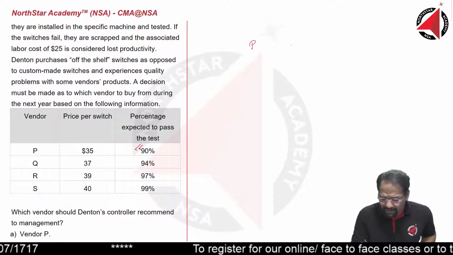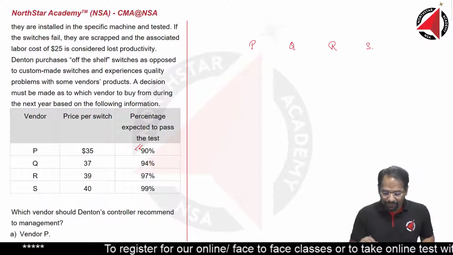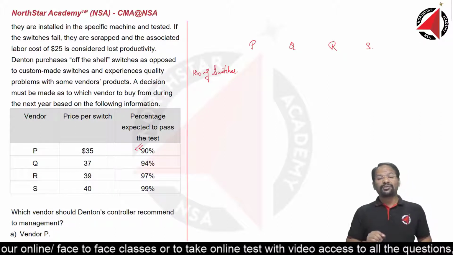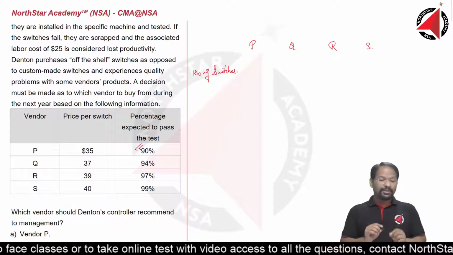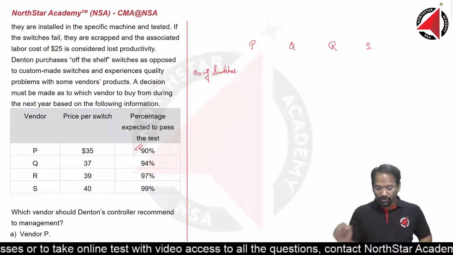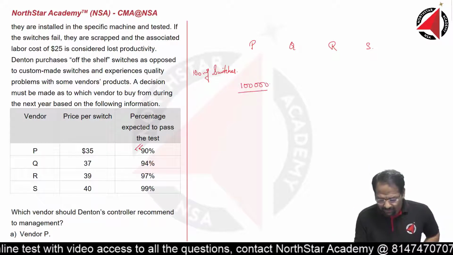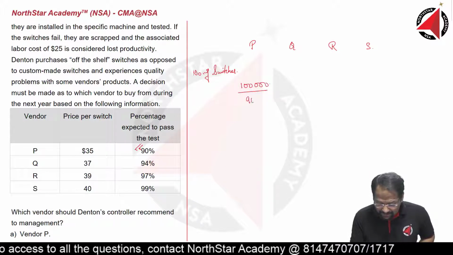So P, Q, R and S. First, the number of switches that we need to buy. The number of switches we need to buy is more than 100,000 because 10% in the first one will become a loss. How to calculate that? It will be 100,000, what we need, divided by 90%, since after subtracting the loss we are left with only 90%.